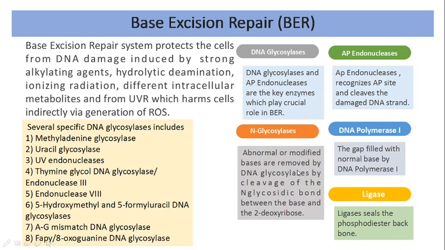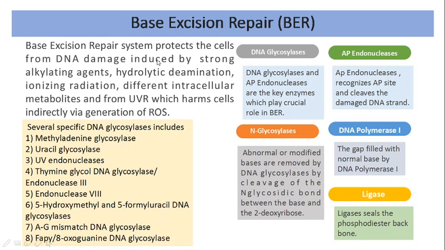The uracil has been cleaved, so the normal base cytosine will be placed in its place, and finally the nick will be closed by DNA ligase, which seals the phosphodiester backbone. These are the major enzymes in the base excision repair system.